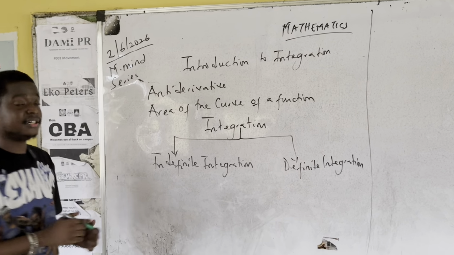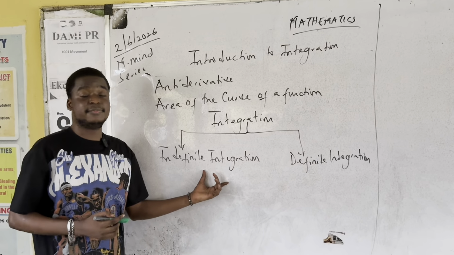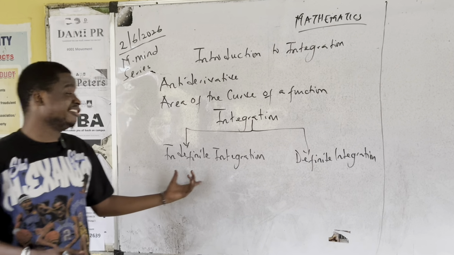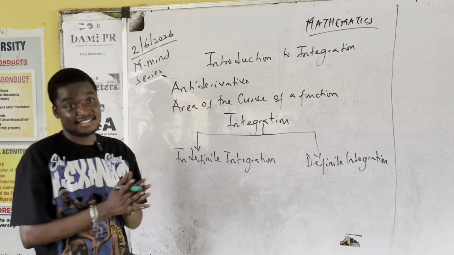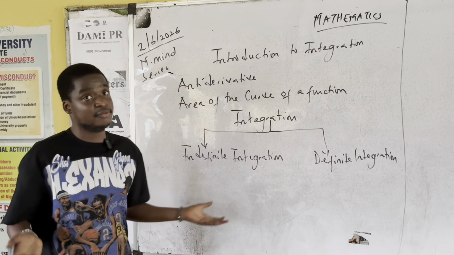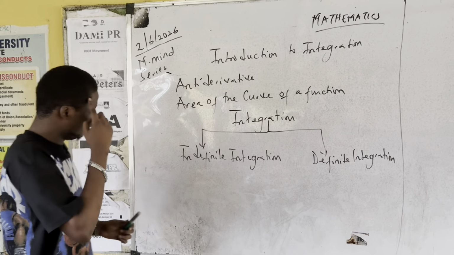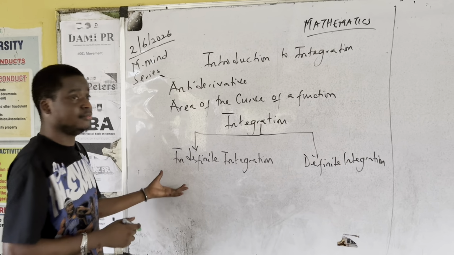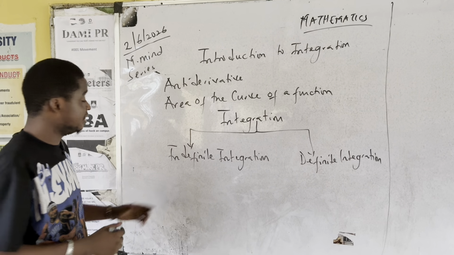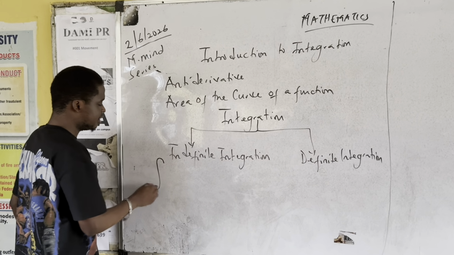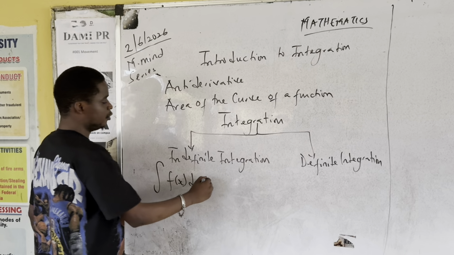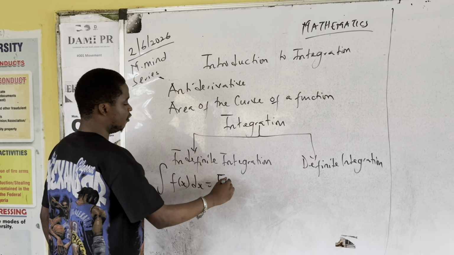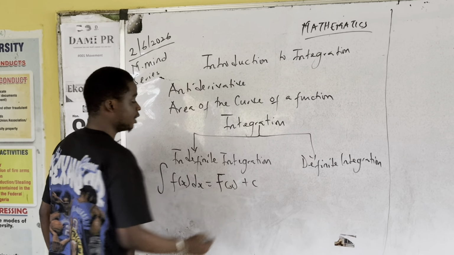Now, the general form of an indefinite integration is that when you integrate, your answer will be a function of x, or of whatever variable you are using. Generally, the common way of representing it is this: the integral of f of x dx is equal to capital F of x plus c.